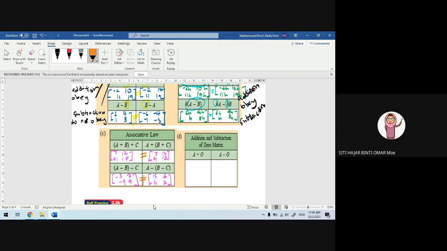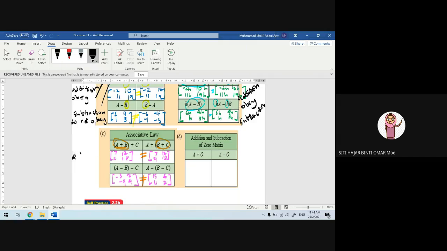On your left hand side, we put A and B together, while on your right hand side we put B and C together. Either one we do, we still get the same answer. That is associative law. But subtraction you cannot do like that, and we will get different answers.